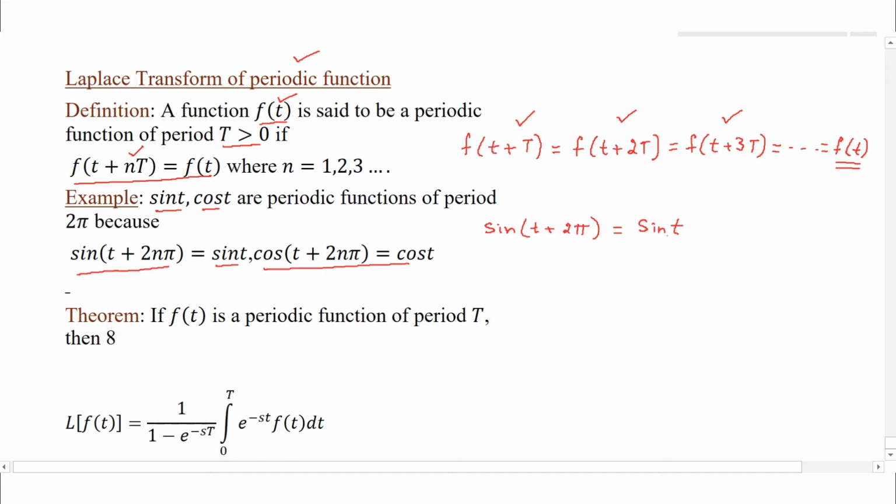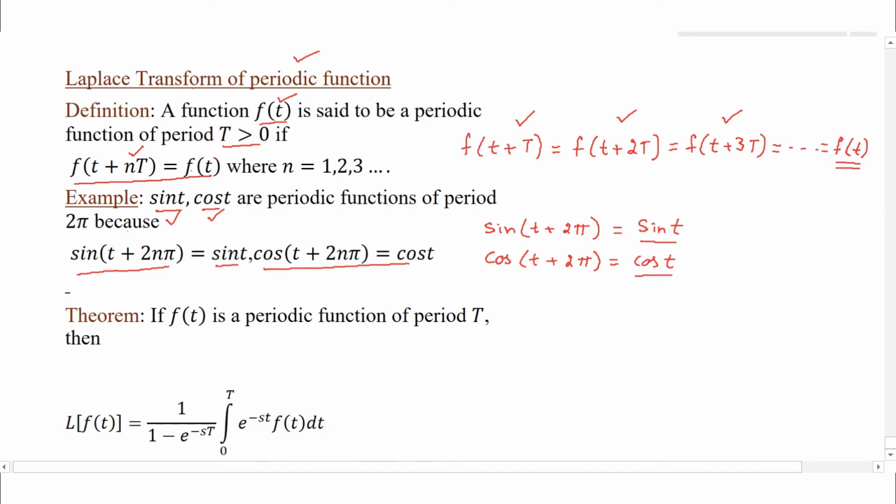Similarly, cos of t plus 2 pi is also equal to cos t itself. Therefore, you are getting back the trigonometric functions sin t as well as cos t, so we call sin t and cos t periodic functions.